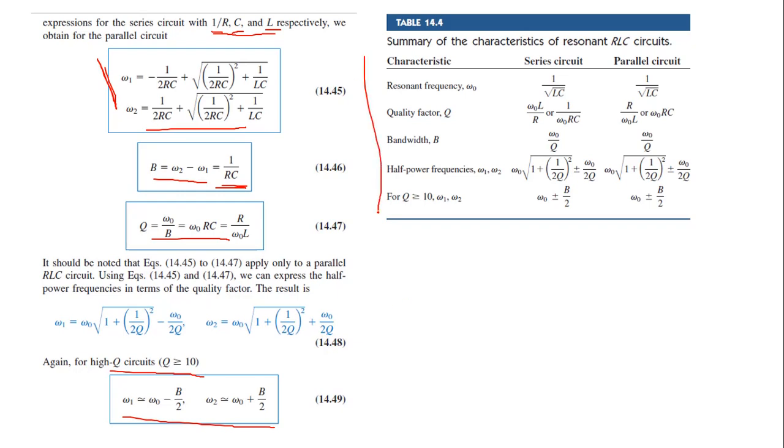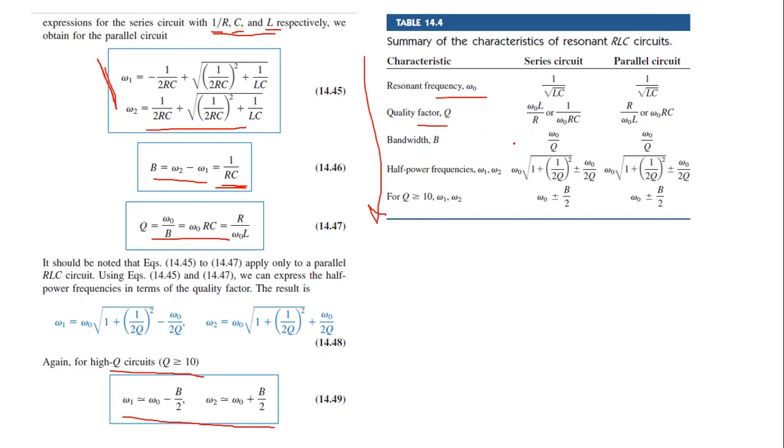Now this is the summary for series and parallel resonance circuit. The formula for resonant frequency is same for series and parallel, it is 1 by root of LC. Quality factor for series is omega naught L by R or 1 by omega naught RC. For parallel it is R by omega naught L or omega naught RC.